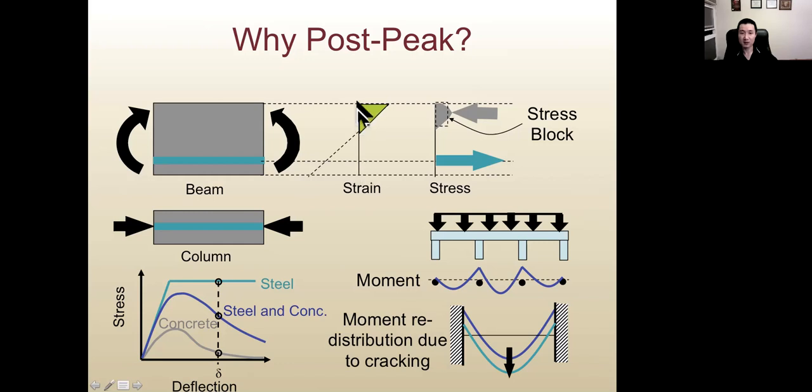Based on classic mechanics of materials, we can calculate the stress level at any point. So here we have the highest stress level, and here the stress level should be zero. However, at the top the concrete will crack. When concrete cracks, it will not fail suddenly. Some part of the concrete can still resist the load. So the actual stress distribution will be something like this.